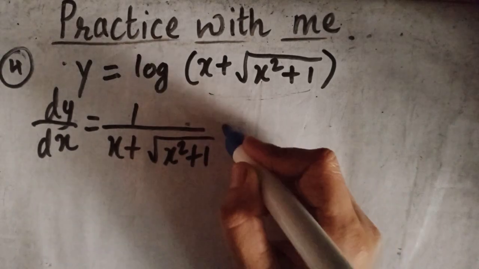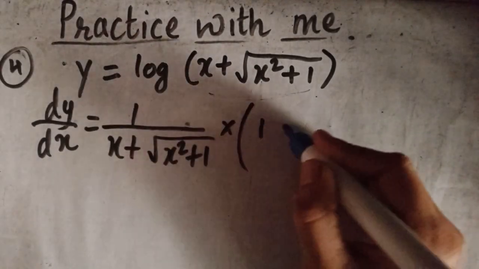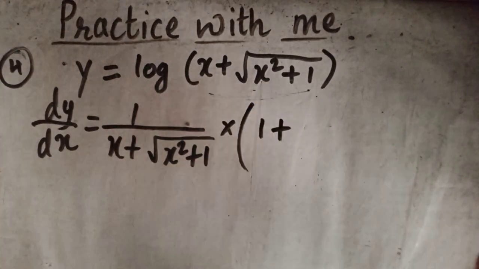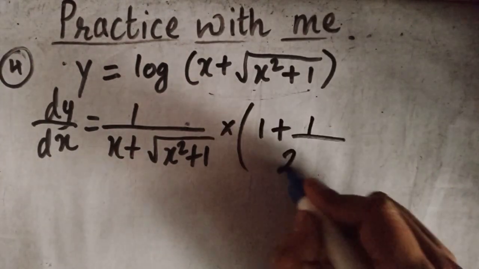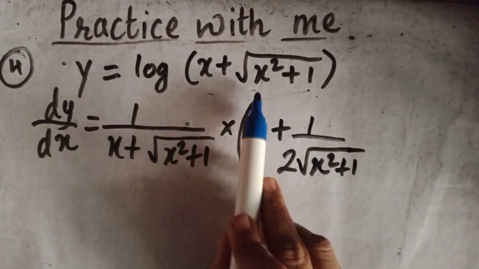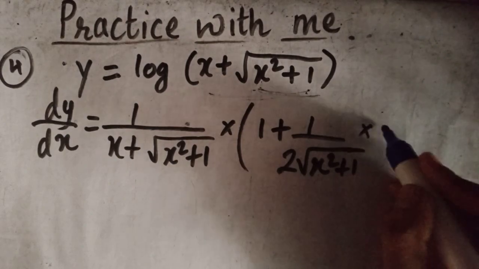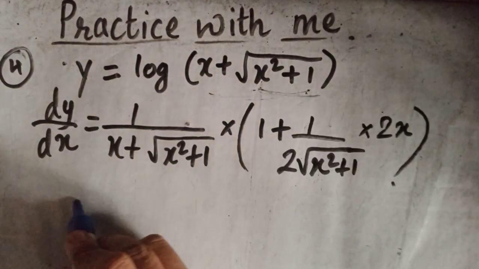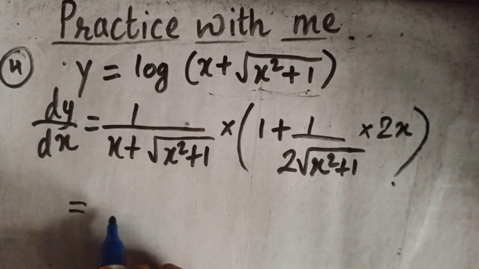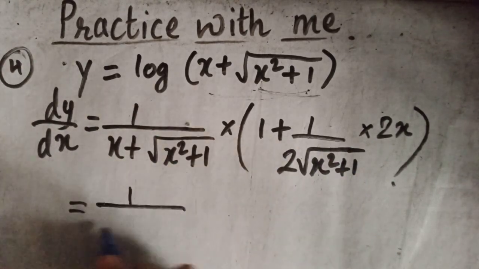Then we have to write the derivative of this function, x is 1, derivative of root function, that is 1 upon 2 root of x square plus 1, and then derivative of the function which is inside, x square plus 1, which is our 2x.